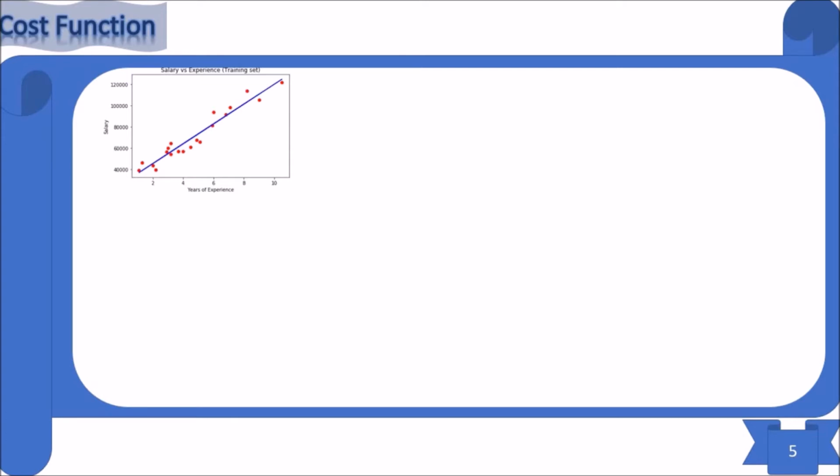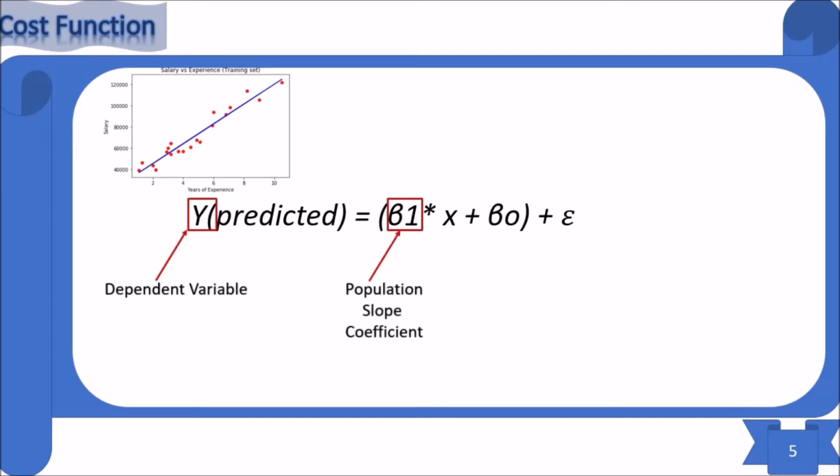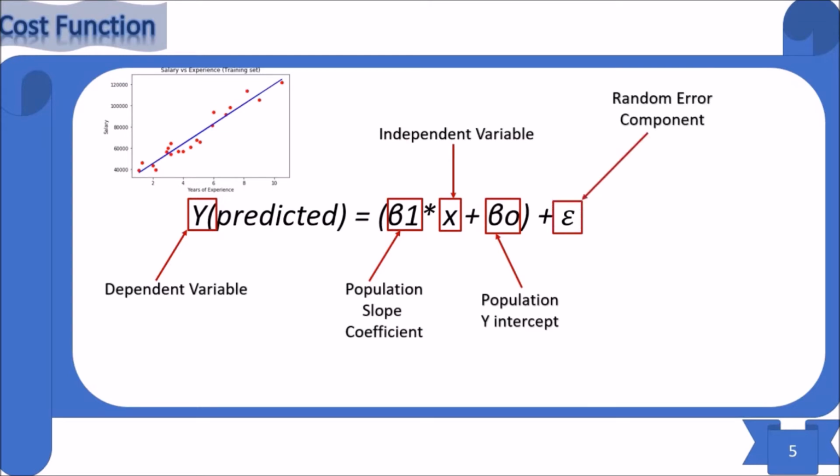You can see this regression line is the closest to as many points as possible, so it gives us a minimum error. We have one linear equation that is used for new data to predict the required output. Here y is the dependent variable, beta 1 is the population slope coefficient, x is the independent variable, beta 0 is the population y-intercept, and epsilon is the random error.